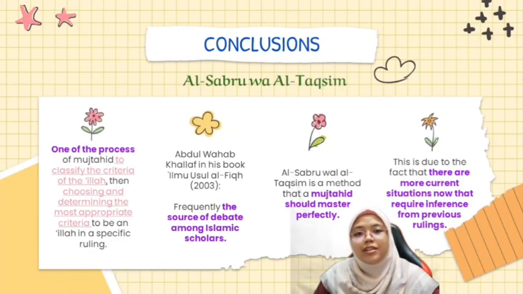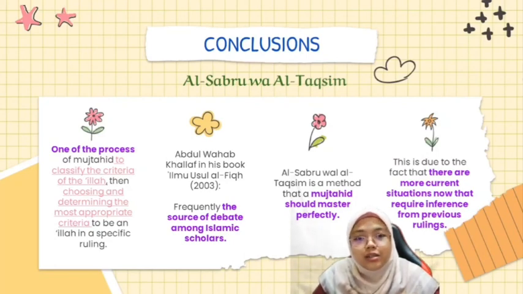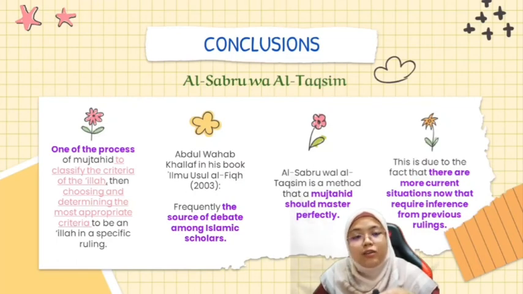Why? Because this occurs when mujtahids sometimes agree on the characteristics or criteria that are acceptable to be placed as an illah, but they also have different opinions in determining and setting the criteria that is considered most suitable to be placed as illah.